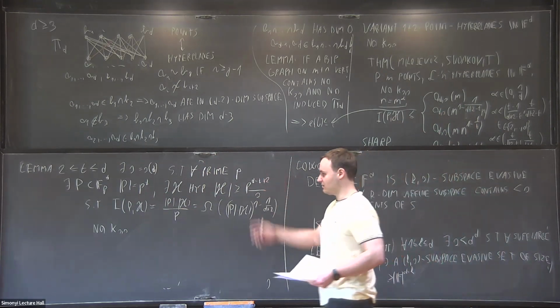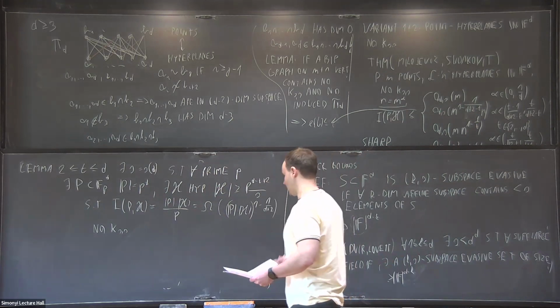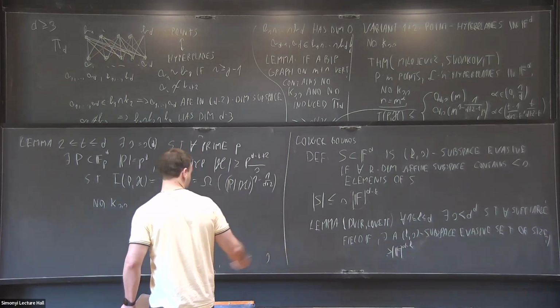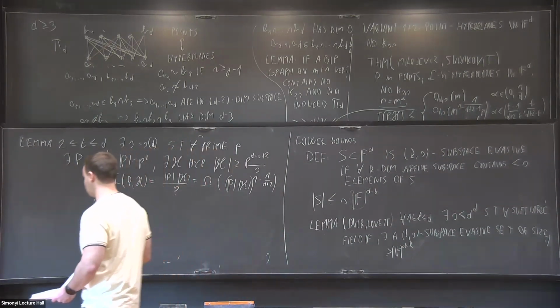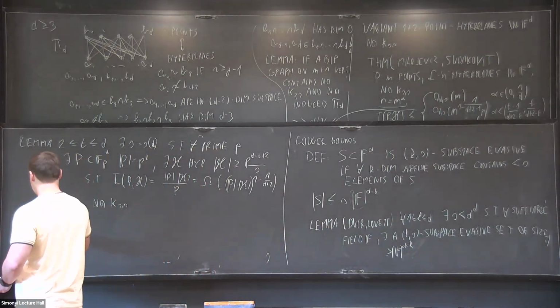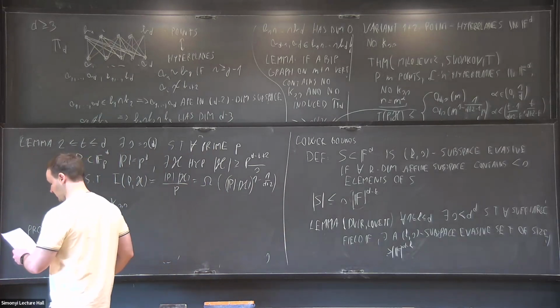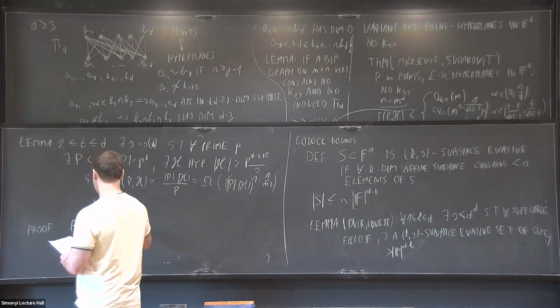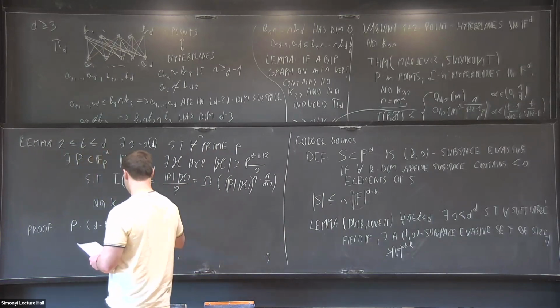But this is the main lemma, so this is the only thing I will prove now. And the proof is very simple using these subspace evasive sets. So I just take P to be a (d minus t)-subspace evasive set.